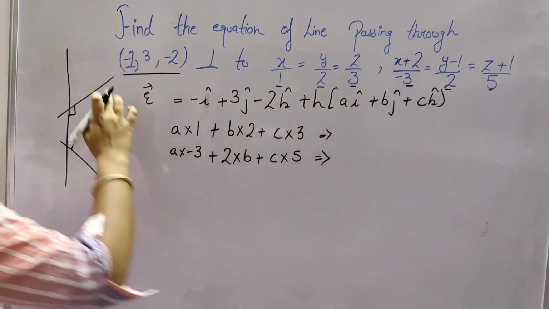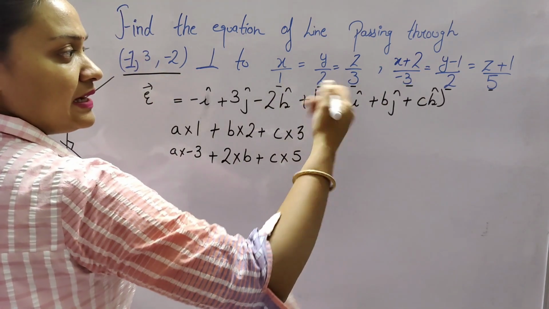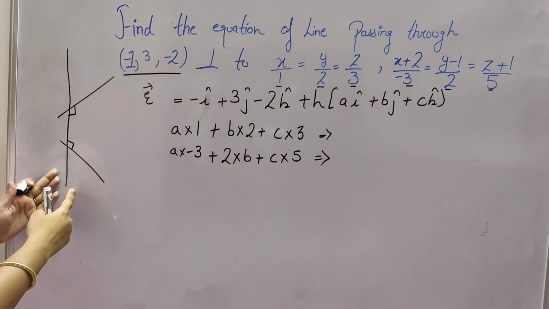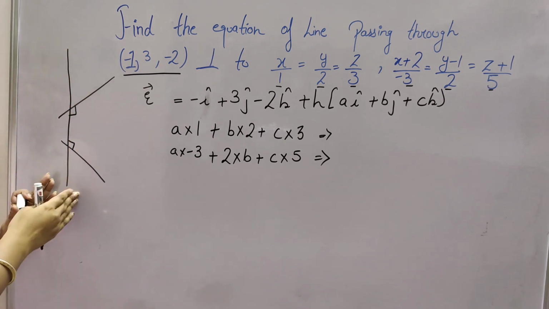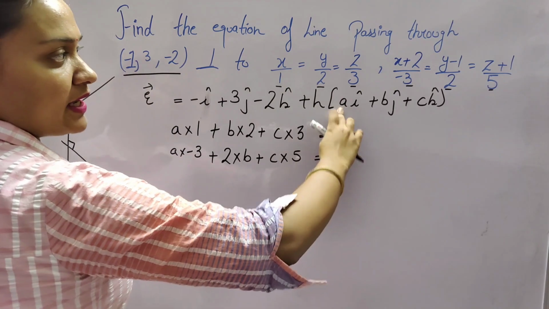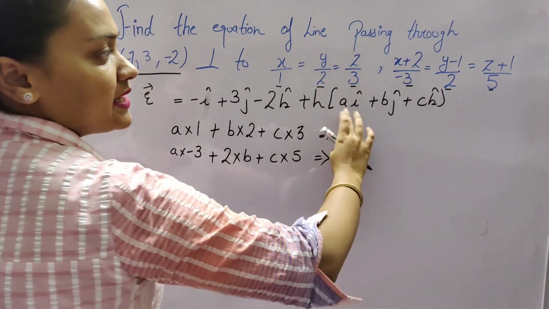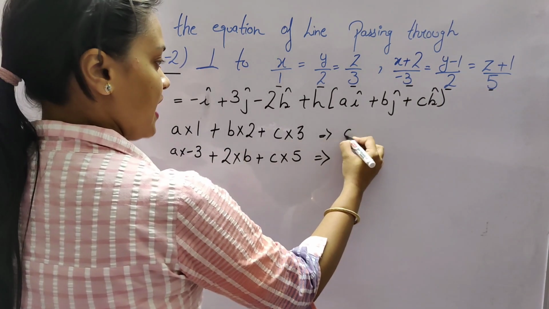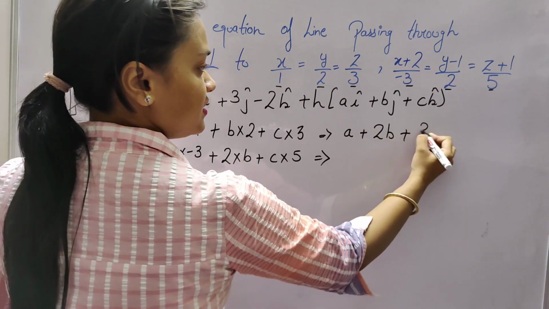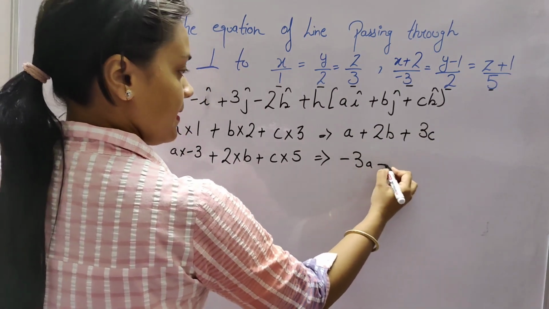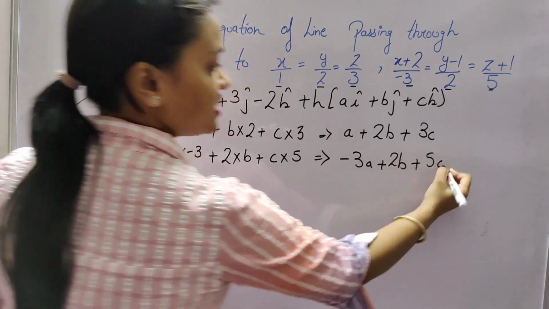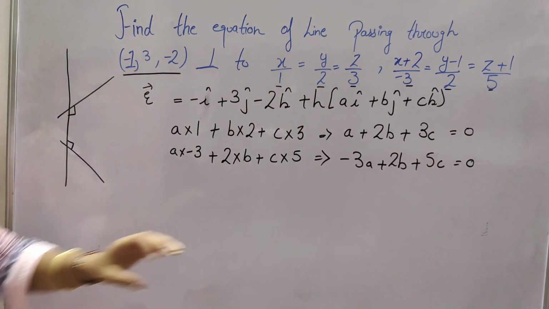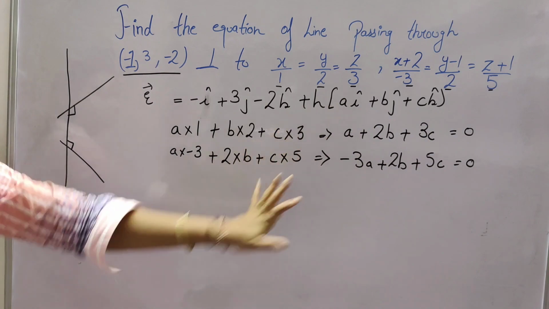These direction ratios are given, and we let the direction ratios of this line be A, B, C. Since the line is perpendicular to both given lines, we multiply A into 1, B into 2, C into 3, likewise A into minus 3, B into 2, C into 5. So you get A plus 2B plus 3C, and minus 3A plus 2B plus 5C. These two equations are built by solving and multiplying.